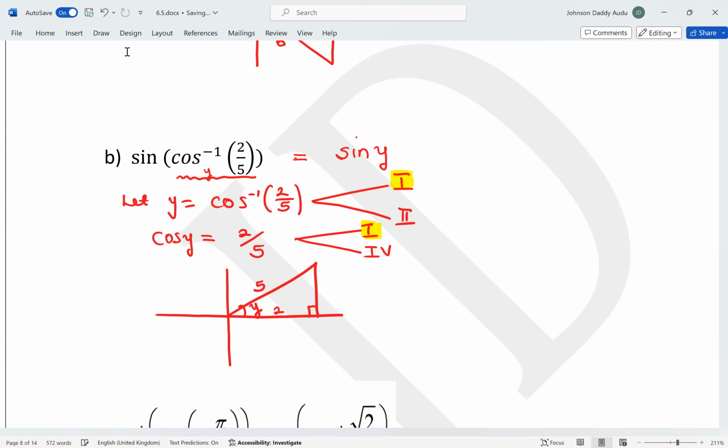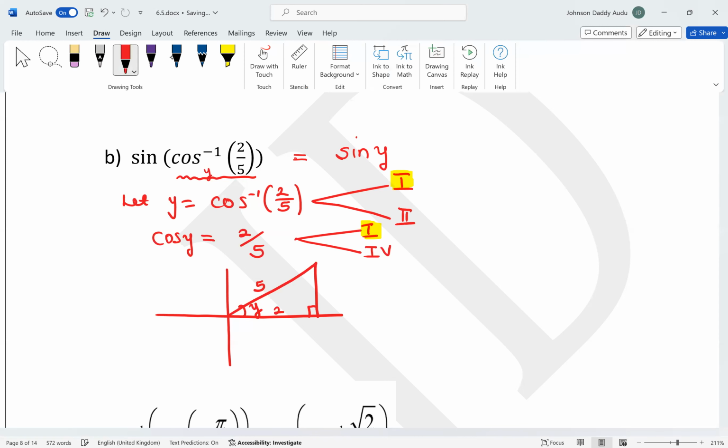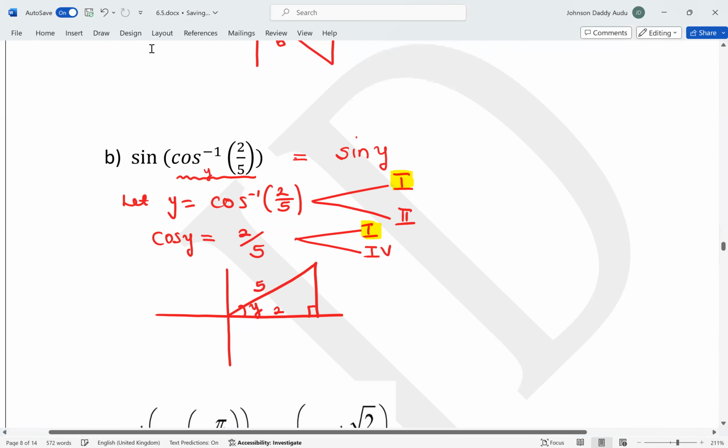So by Pythagoras theorem, we can find the other side. What will the other side be? This will be the square root of 25 minus 4. So this would be square root of 21.